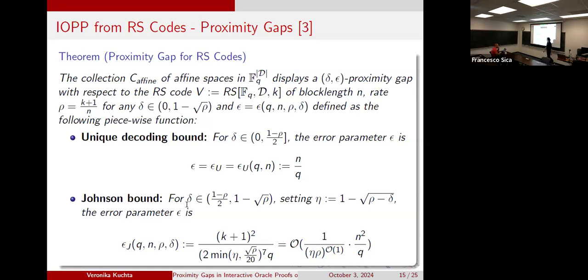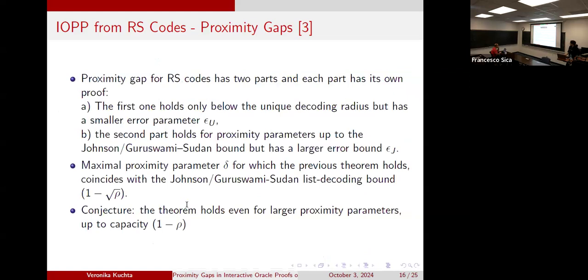If the proximity parameter lies in the second interval, from the half up to the upper bound, then the error parameter is defined by this Johnson bound. So the proximity gap, as you have seen before, has these two parts, each part depending on whether delta lies in the first interval or in the second interval.